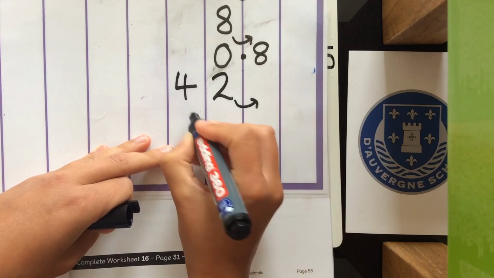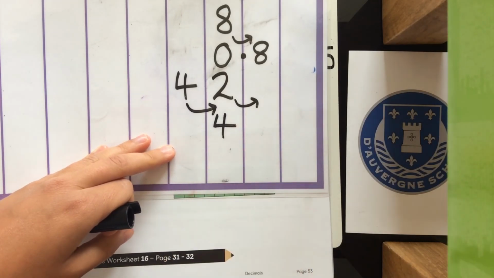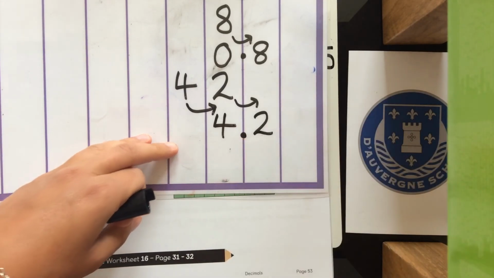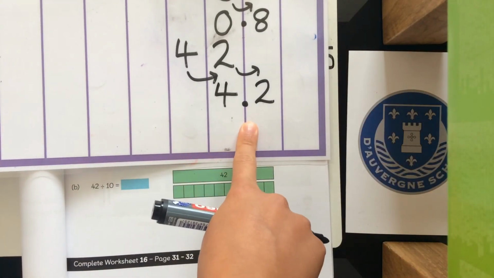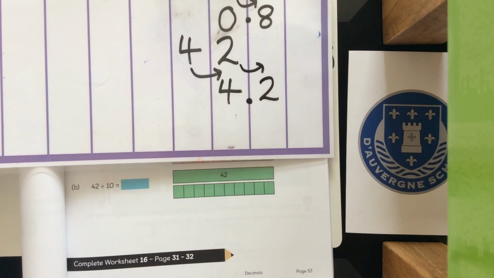Dividing it by 10, each digit needs to move back a space. So my 4 moves to my ones column, my decimal point, and my 2 moves to my tenths column. So 42 divided by 10 equals 4.2, or 4 wholes and 2 tenths.